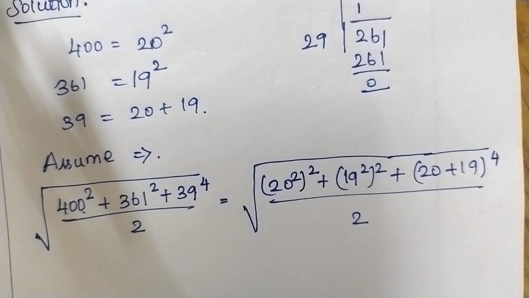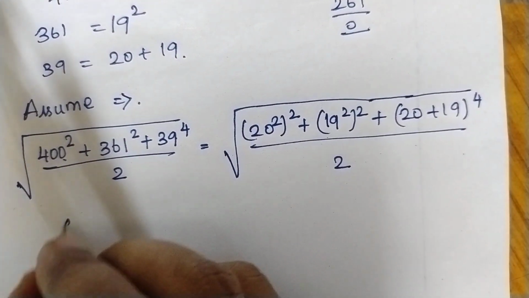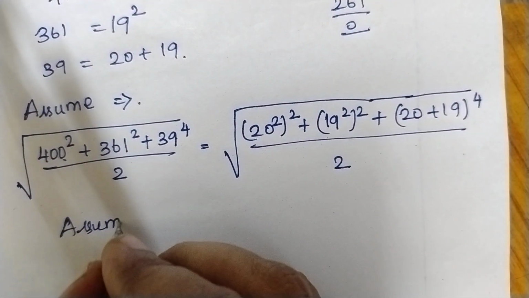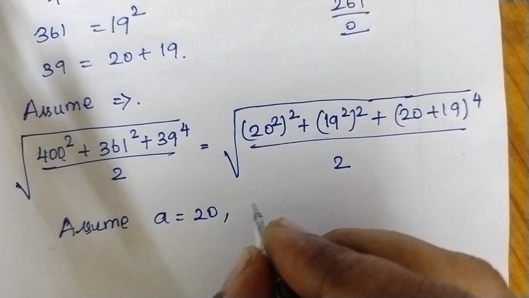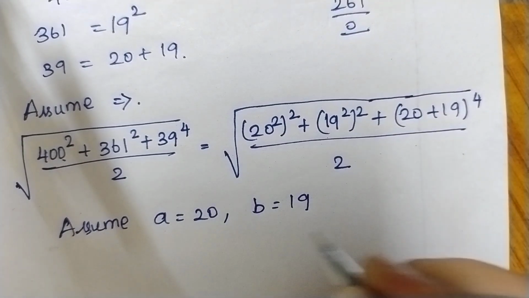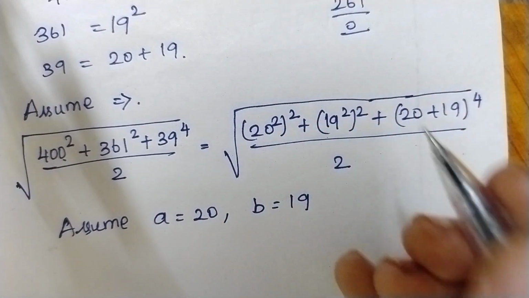Okay. So now I am going to assume A is equal to 20 and B is equal to 19. So apply that in this equation.